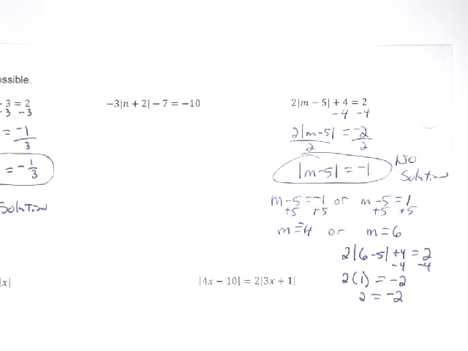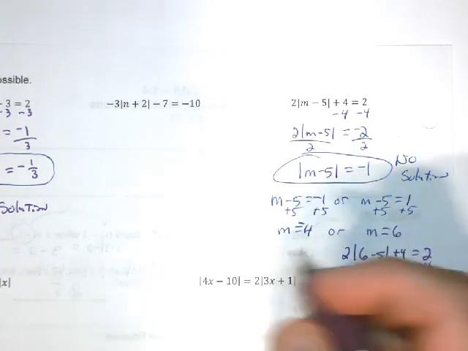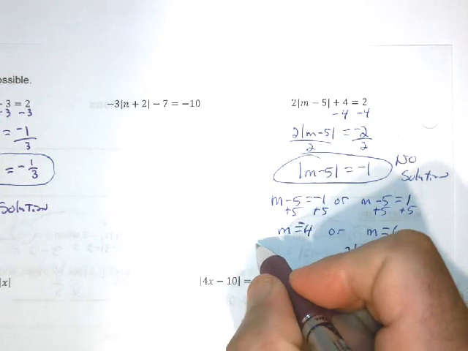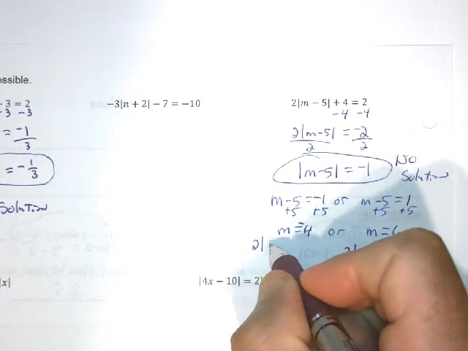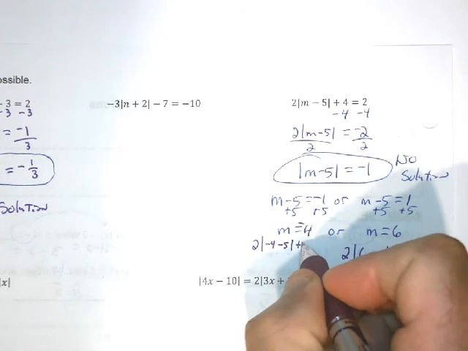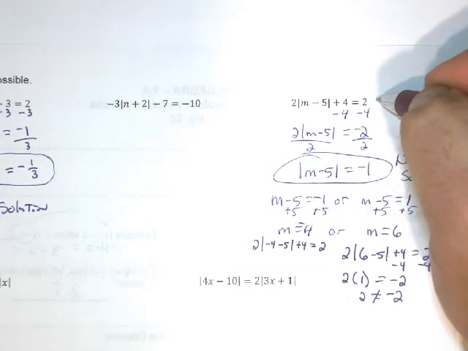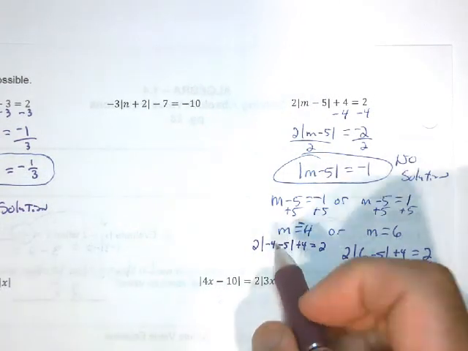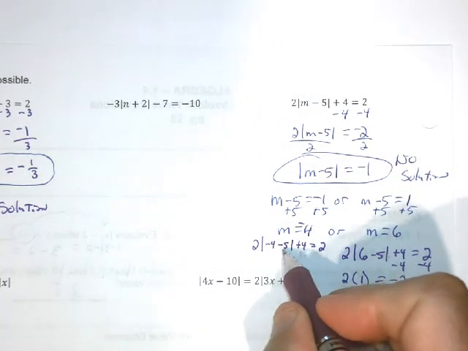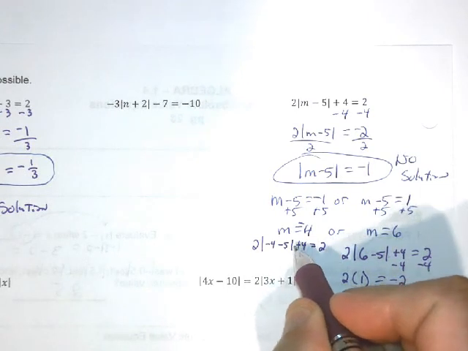And then we can continue on checking the other one. And then, again, that can't be equal, so checking our other one with the minus 4 in there. So I have 2 absolute value, plug in my minus 4, minus my 5, plus 4 more equals 2. Again, you're plugging it into the original equation here at the top. I'm going to go ahead and clean this up here mentally, so this comes out to equal 9.